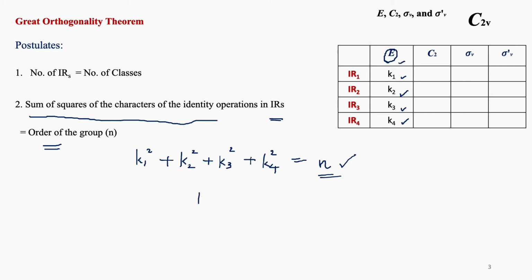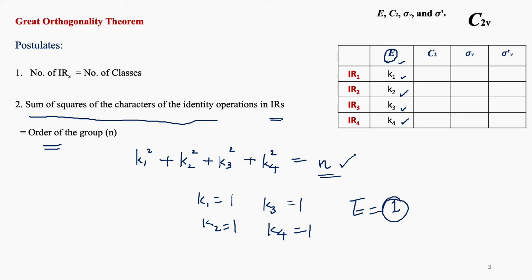So K1 will be equal to 1, K2 will again be 1, K3 will be again 1, similarly K4 also equals 1. So the character for the identity operation will be 1. This cannot be negative because the symmetry of the molecule will remain unchanged.